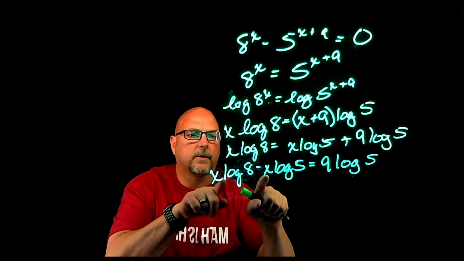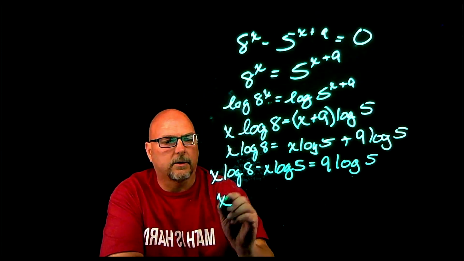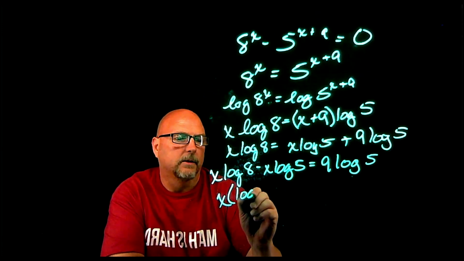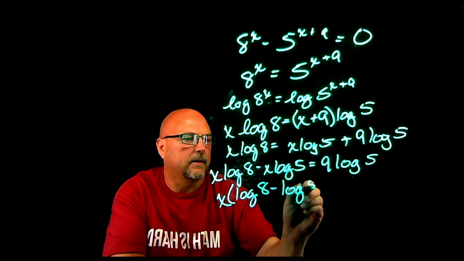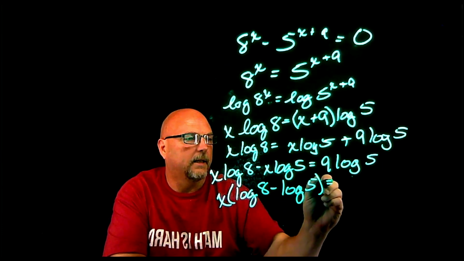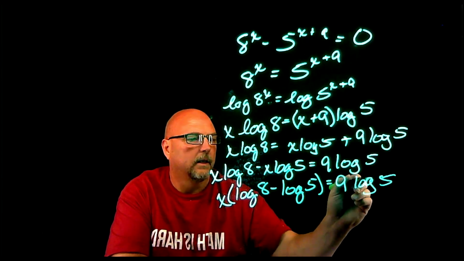Now notice I can take this x out. I can undistribute it, if you will. So that leaves us with the log of 8 minus the log of 5 inside here. And that equals 9 times the log of 5.